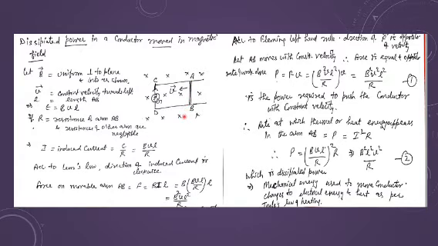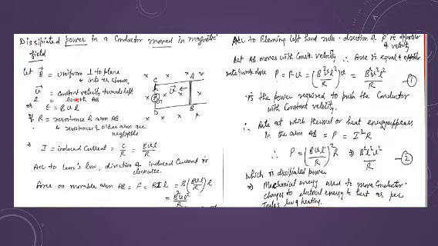You can always use the right hand rule, as I have said, to find the direction of the current and hence the induced EMF. So the magnetic field is into the paper, motion is this way, so the current is going to come out. You can always find it by using the right hand rule. It is coming in the clockwise direction.